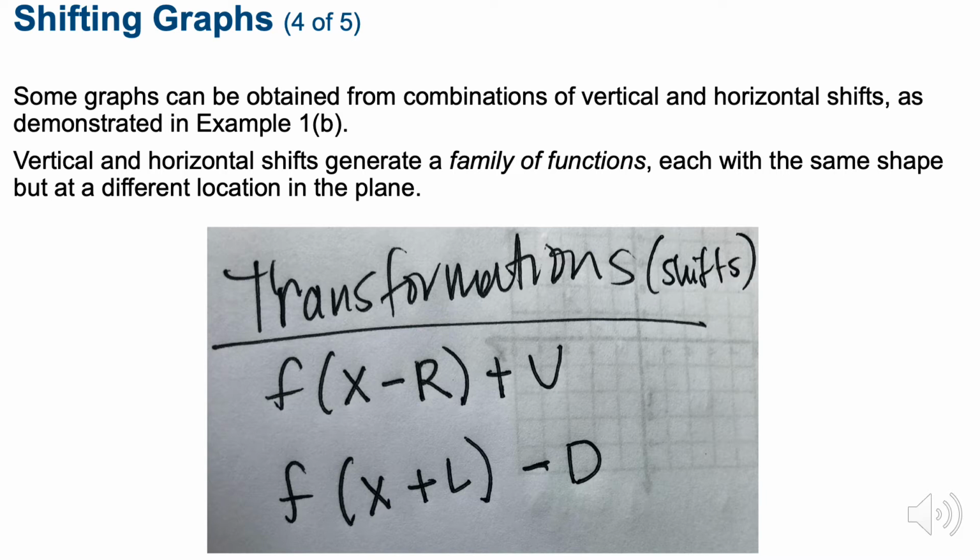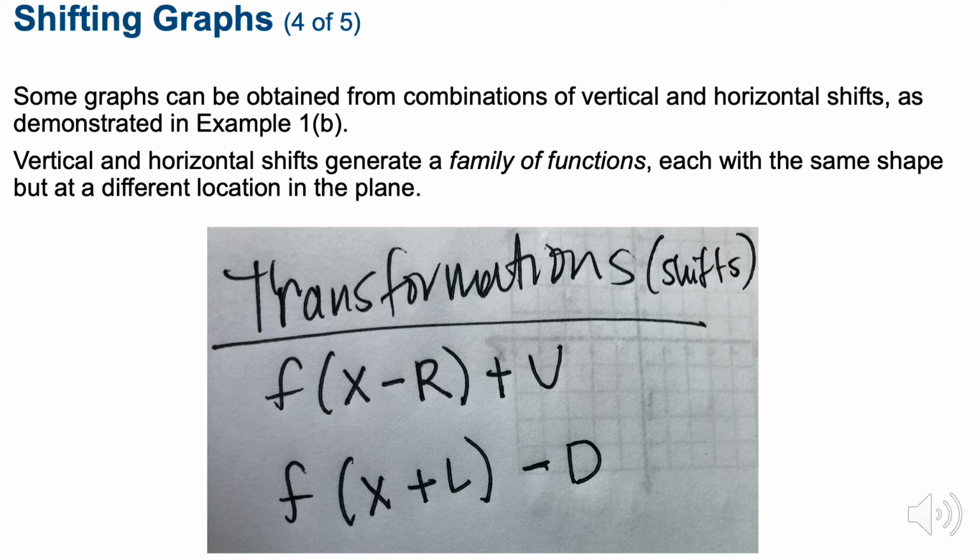Okay, so another way you can think of it: if you understand this concept of shifting, and you memorize the parent functions and their properties, then it's very easy to start graphing a lot of functions, because we know that you can have vertical and horizontal shifts. So remember, verticals are outside and horizontals are on the inside.